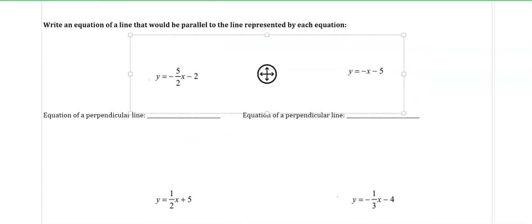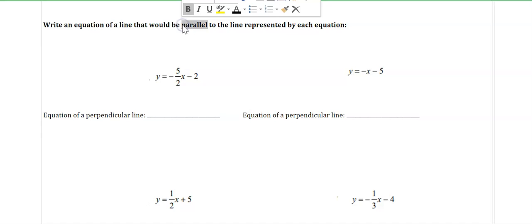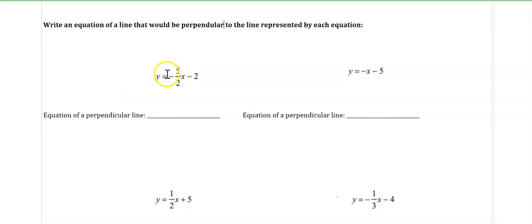So, for the following 4 questions, we want to write an equation of a line that would be perpendicular to the line. So, here's our equation.